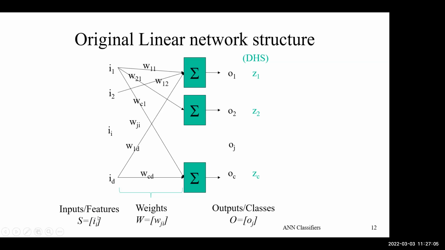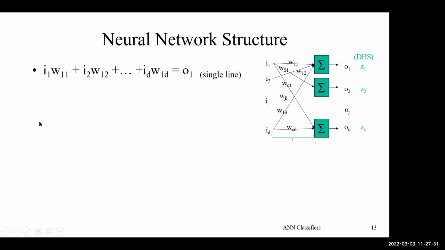We're going to have our sources, which are inputs, our weights, and our outputs. We take each individual input, scale it by a weight, and accumulate to form an output. That's how you get here.